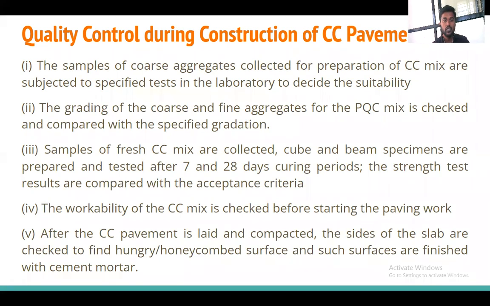Then samples of the fresh cement concrete mix are collected. After the application of the cement concrete pavement, the fresh concrete samples are collected. From that sample, we have to cast cubes of the standard size 150 mm by 150 mm, that is, 15 centimeter by 15 centimeter cubes. Beams are also to be cast, and they should be tested at different periods, that is 7 days, 14 days, and 28 days of curing. Then whatever strength we get is compared for the acceptance criteria.